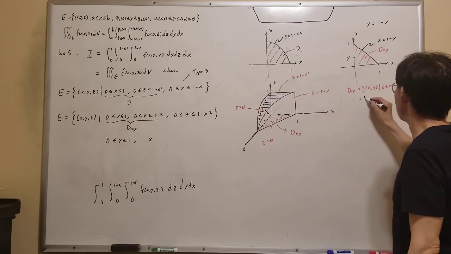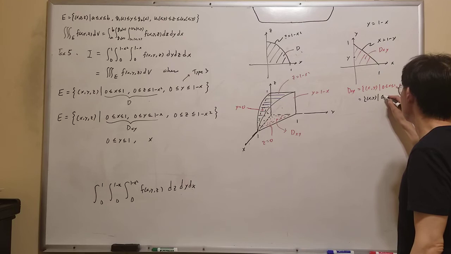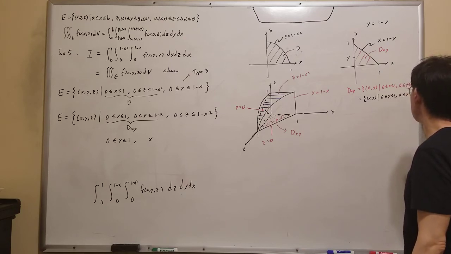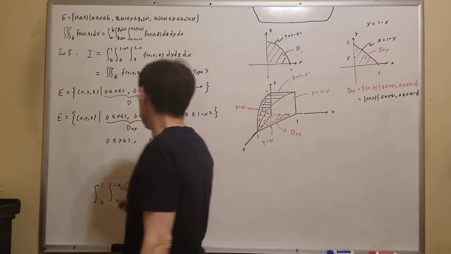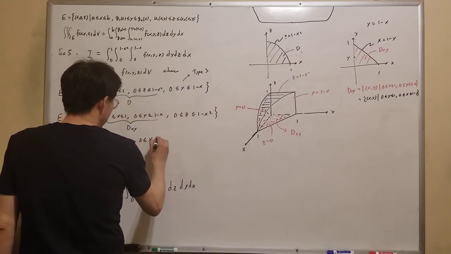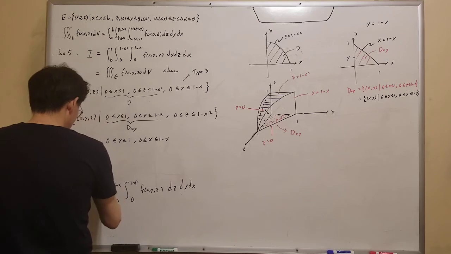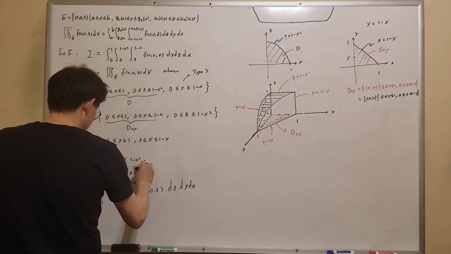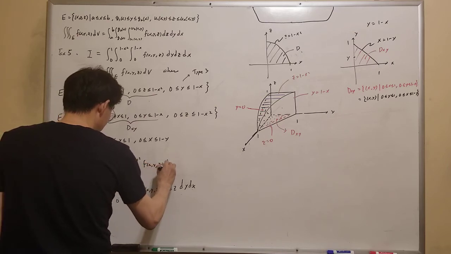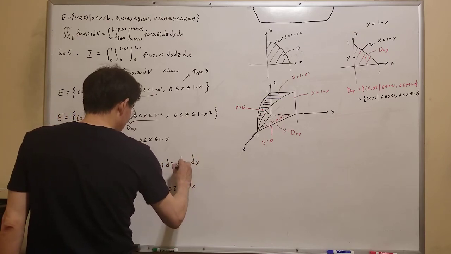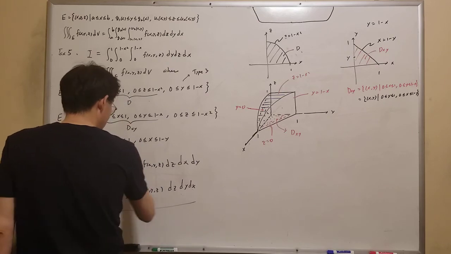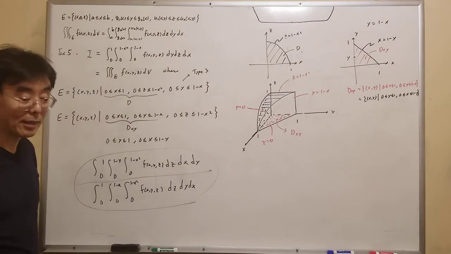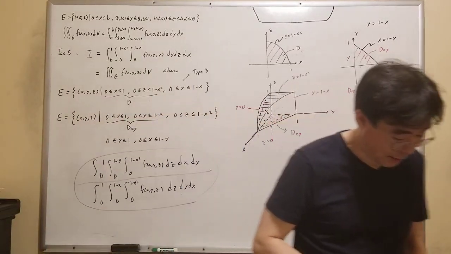You can write it that way too, as a type 2 integral, with x from 0 to 1 minus y and dx. Okay? Either this way or this way. Okay? So you will have another problem.